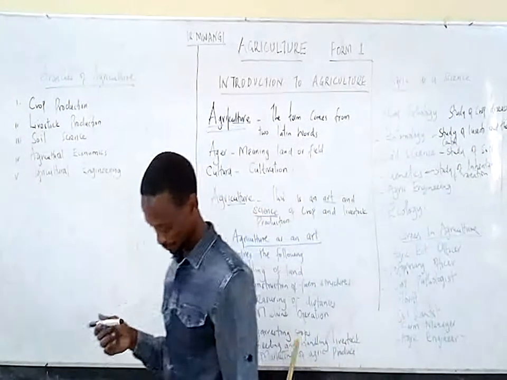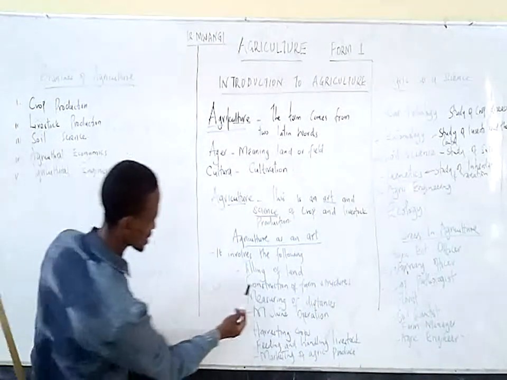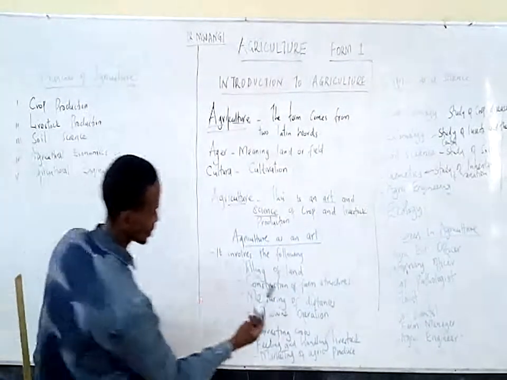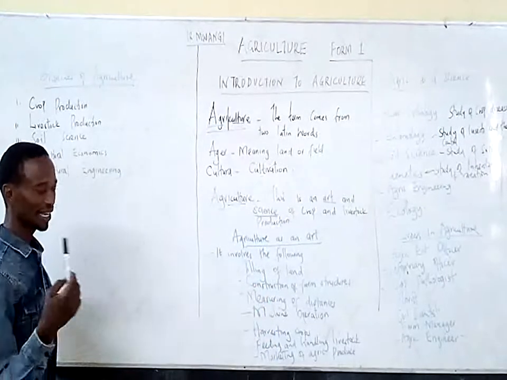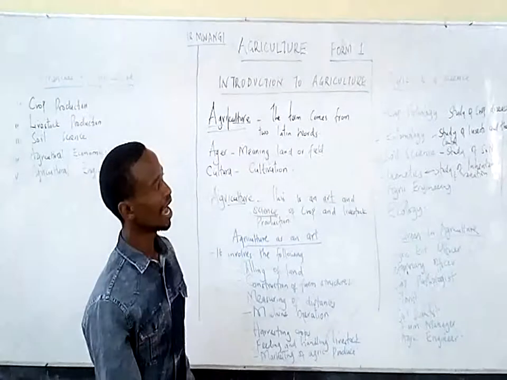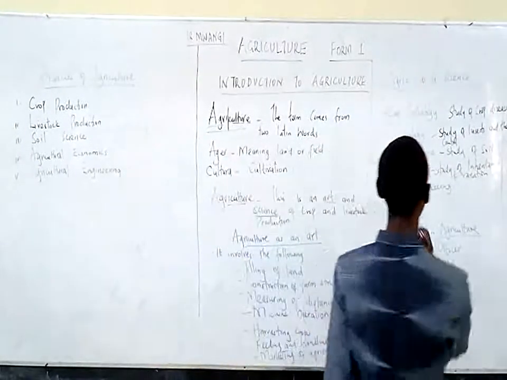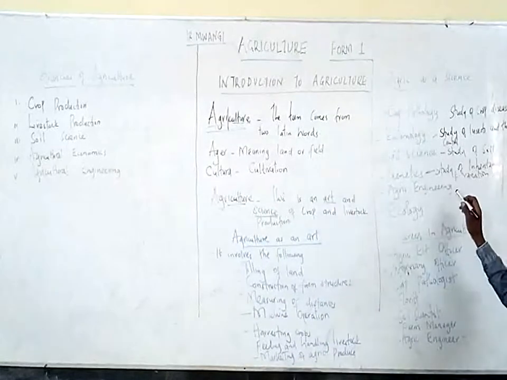Again, agriculture as a science, you have agricultural engineering. In agriculture, when you are carrying out practices such as tilling of land, machine operation, it entails use of machines, and how to come up with the machines and the use of these machines require agricultural engineering knowledge.